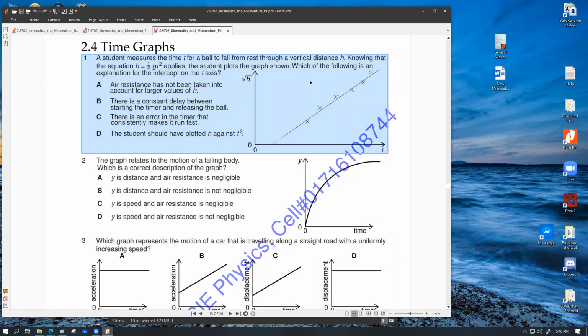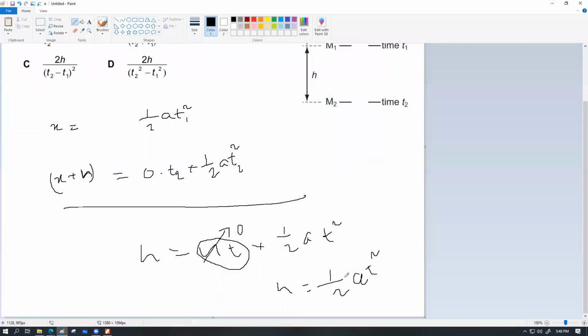The question is asking which of the following is an explanation for the intercept on the t-axis. How could we explain this? Let's have a look at these 4 possible options. A says air resistance has not been taken into account for large values of h. Well, if air resistance were taken into account, this graph would become a curve, because the acceleration would not be constant.